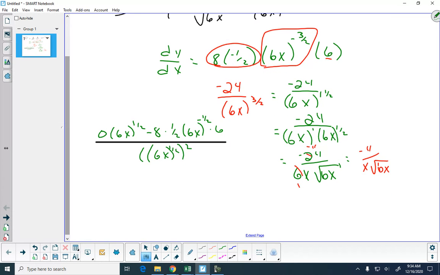Once again, this tends to get a little bit messy. This gives me 0. We have negative 8 times 6, which is negative 48, times negative 1/2. That gives us negative 24, times 6x to the negative 1/2 power over just 6x.